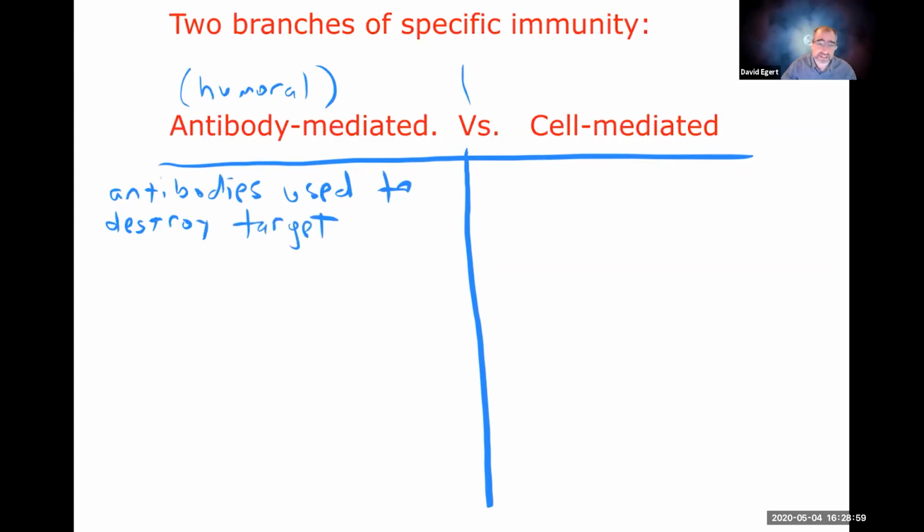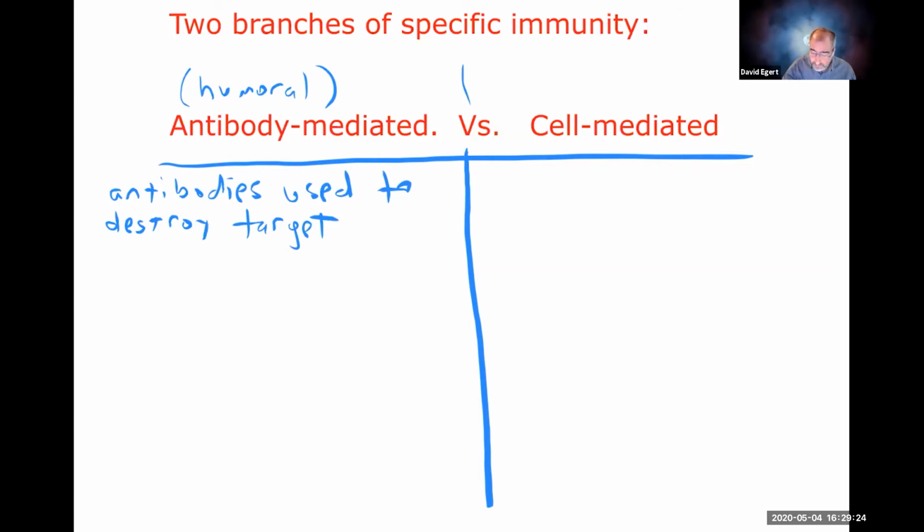And as we saw, antibodies are actually plasma proteins. They are like those immunoglobulins, gamma globulins. They're not cells. They're plasma proteins that have a way to recognize and bind a specific antigen. And then we're going to talk later about why that takes out the target. But the antibodies are used to destroy the target for antibody mediated.